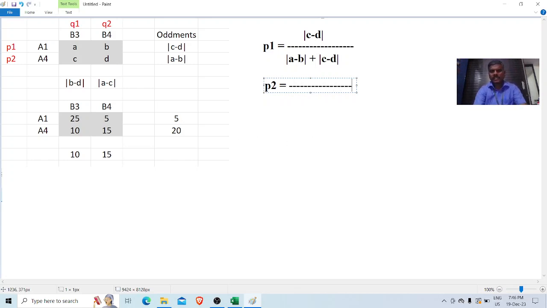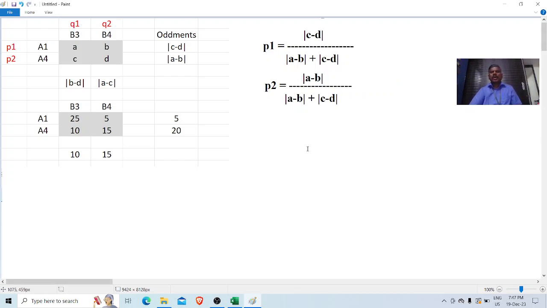The denominator is modulus of A minus B plus modulus of C minus D. Since we are identifying the P2 value, look at the corresponding modulus A minus B. That will be our numerator. Modulus of A minus B is the numerator.